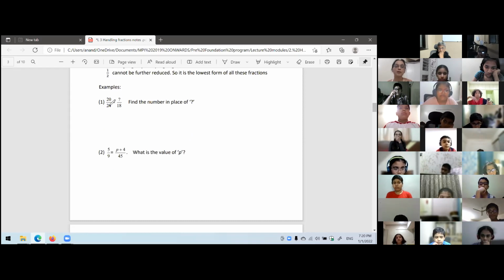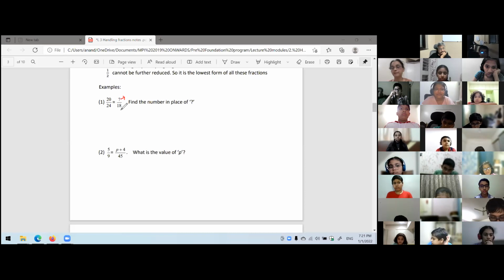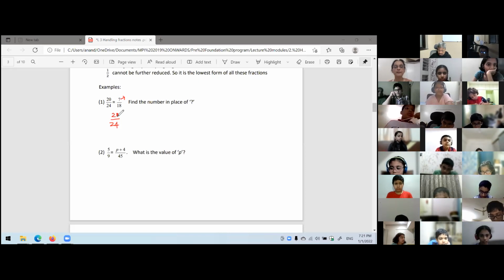20 upon 24 is equal to what upon 18? I want some number over here by the way of which the value of this fraction and the value of this fraction will be same. Okay. Now 20 upon 24, I need to find some divisor which will divide both.